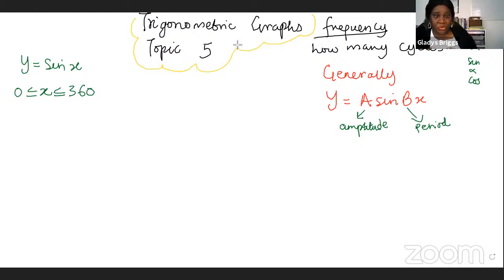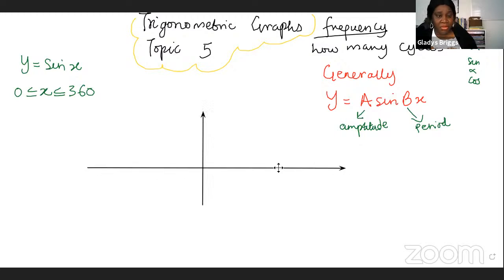So I'm going to draw my x-axis, then my y-axis. Let's make this a little bit longer, and this a little bit longer. This is going to be my 0 right here.